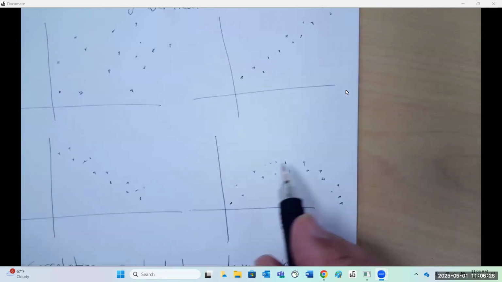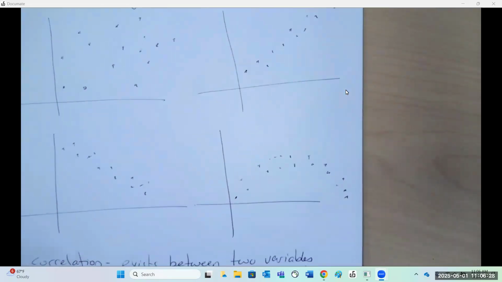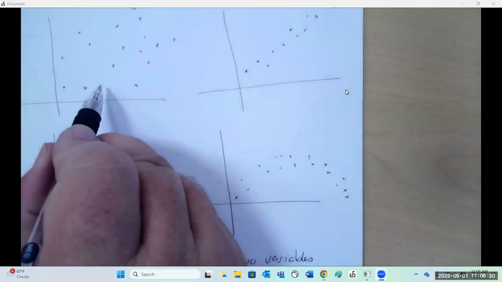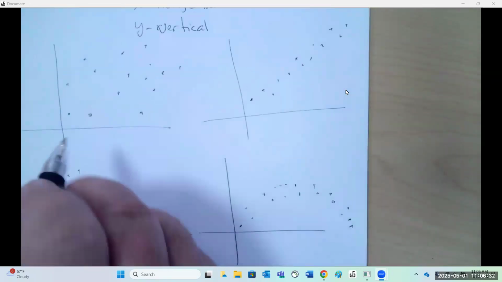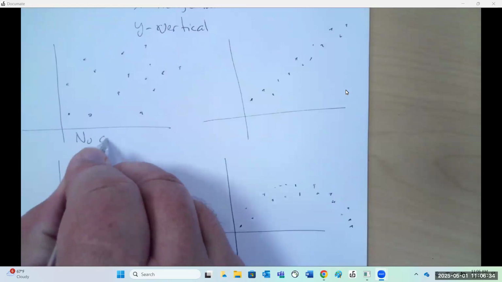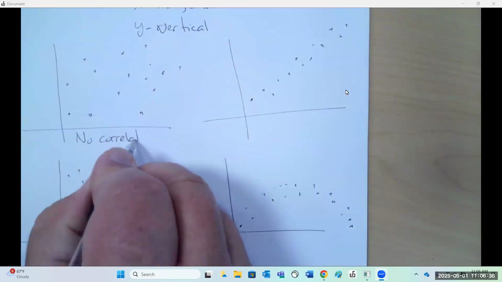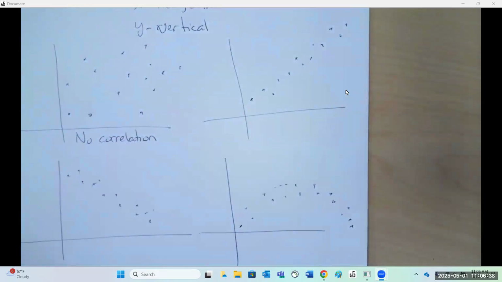Even this one. What this one tells us is this: there's no correlation between the data, meaning there's no relationship between the x variable and the y variable.